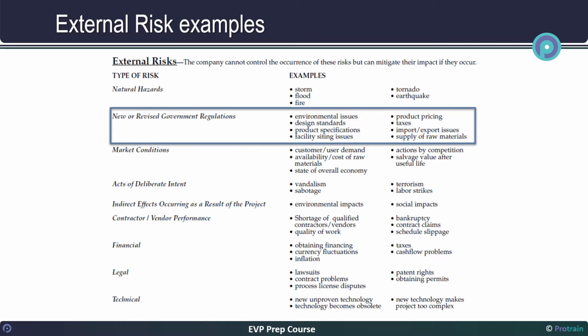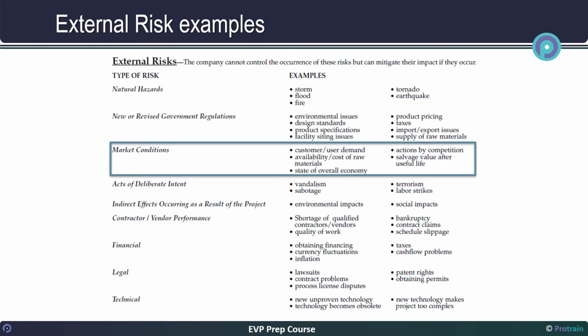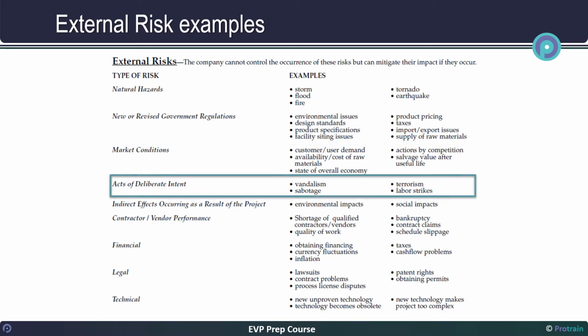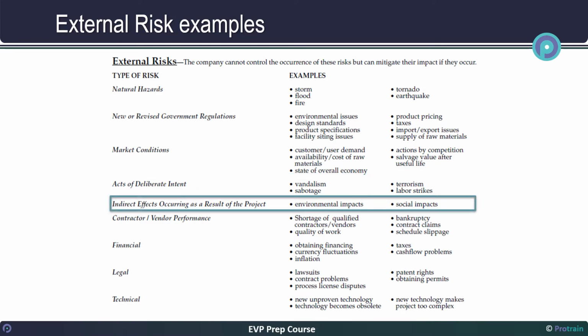We have some other external risks like market conditions. Act of deliberate intent, example of this can be vandalism, sabotage, terrorism etc. Indirect effect occurring as a result of project, like environmental impact, social impacts.